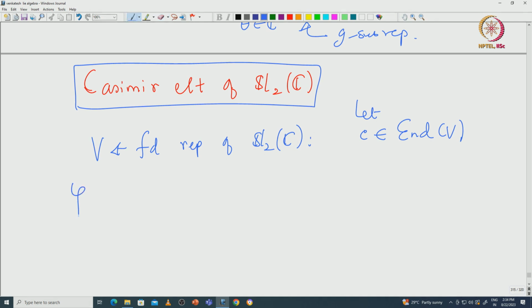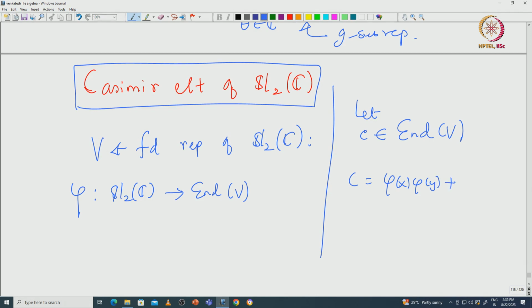Let us say phi is the representation given from SL2C to the endomorphism of V. Then what is C? C is nothing but phi x phi y plus phi y phi x plus phi h square divided by 2. Then this is an element of the endomorphism of V.